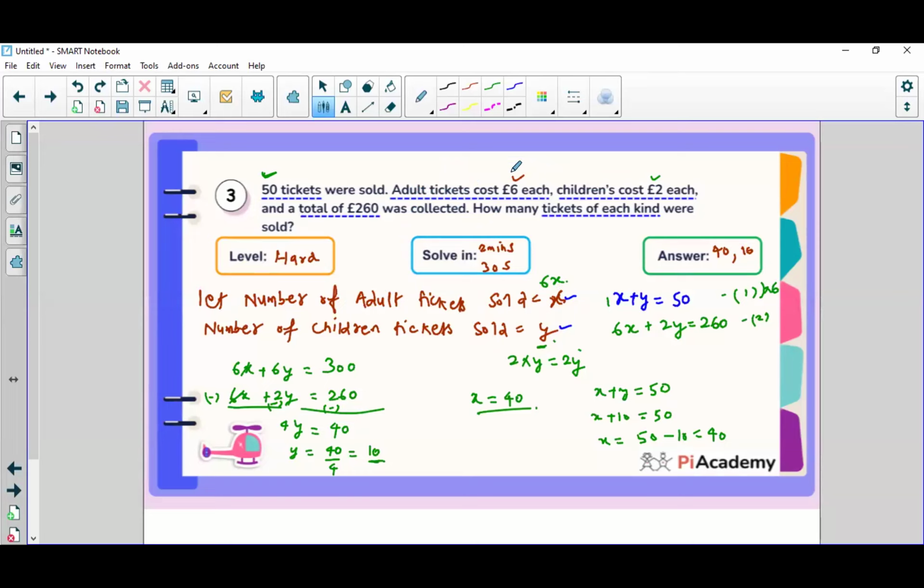Same here: this is the cost for one adult ticket, and x is the number of adult tickets sold. So the total money made from selling adult tickets is 6 times x, which is 6x pounds. And this is the money made by selling children's tickets: the cost for one child ticket is 2, and the total number of child tickets sold is y, so it's 2y. And the total money collected is £260. That's why 6x is from adult tickets, 2y is from child tickets, and the total collected is £260.